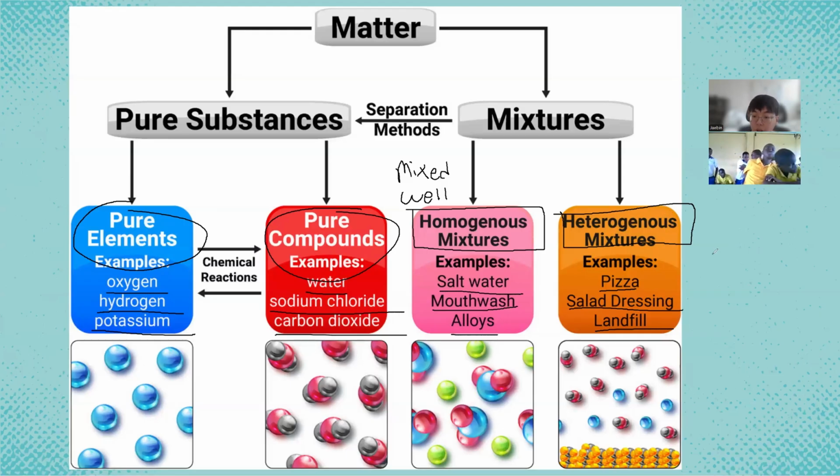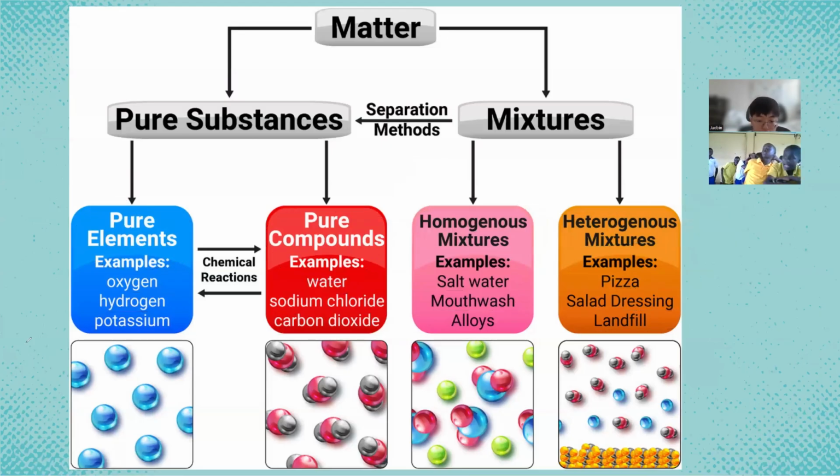It's combined well. Heterogeneous mixture is not mixed well. Think about a pizza, right? In a pizza, there are multiple toppings, and those toppings don't mix with the pizza itself. That's why you can call it a heterogeneous mixture.